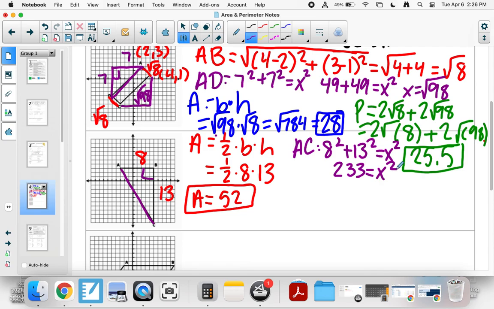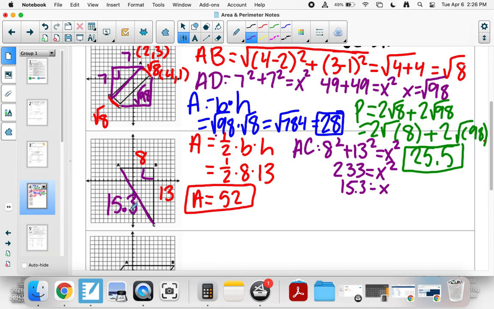So when you square root 233, what do you get? 15.3. Perfect. Since we didn't need it for the area, I would just make a decimal right away.